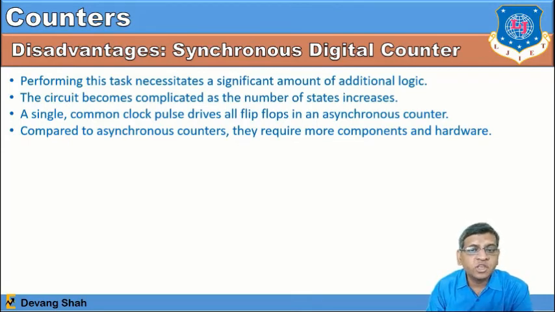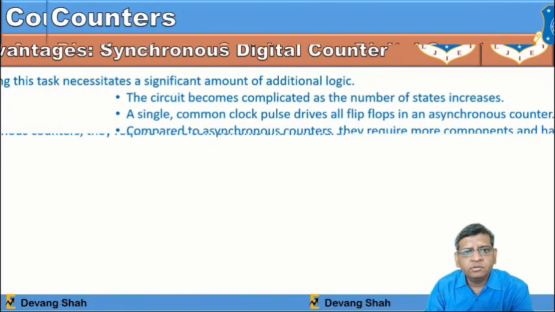Because it's a synchronous counter, the clock signal is the same, and your logic is based on the Boolean function, so you have to add extra logic gates. A single common clock drives the flip-flops in a synchronous counter, and compared to an asynchronous counter they require more components and hardware. Obviously this is what the requirement is.